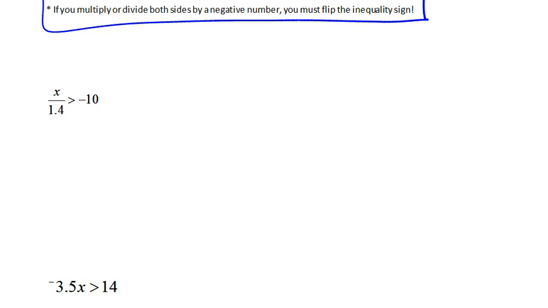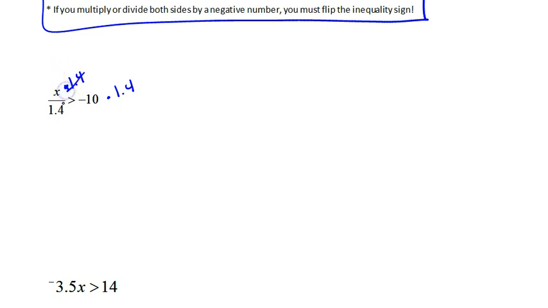We have x divided by 1 4/10 is greater than negative 10. Now, we know that to undo division, we need to multiply. So I'm going to multiply this by 1 4/10, and I'm going to multiply this side of the inequality by 1 4/10. Notice I'm using a positive number, so I don't have to worry about flipping the sign.